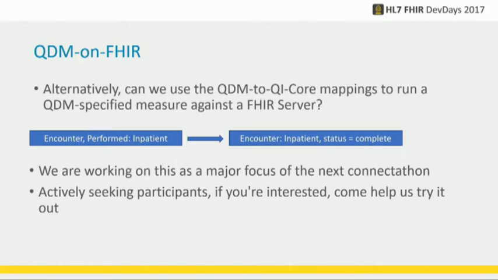And then we return that as QDM data to the engine, and the rest of the measure runs as it's intended. So this is a major focus of the next Connectathon. We're actively seeking participants. If you're interested, come help us try it out.